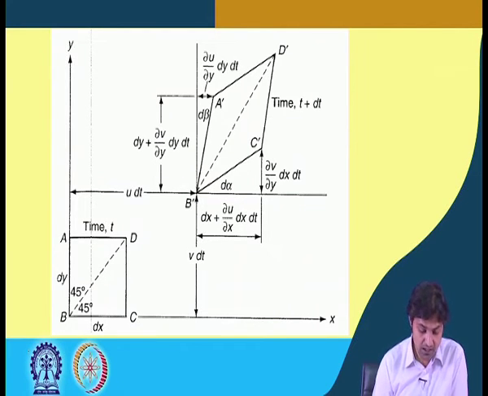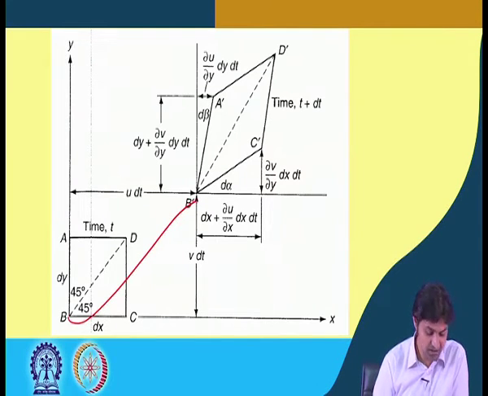See, we can see that B has translated from B to B dash. We can also see that this diagonal BD has rotated anti-clockwise to B dash D dash. You see that? And we can also see the dilation or the extensional strain of the element.